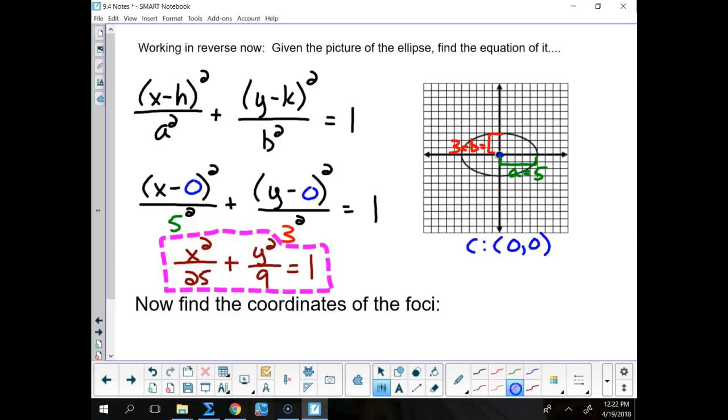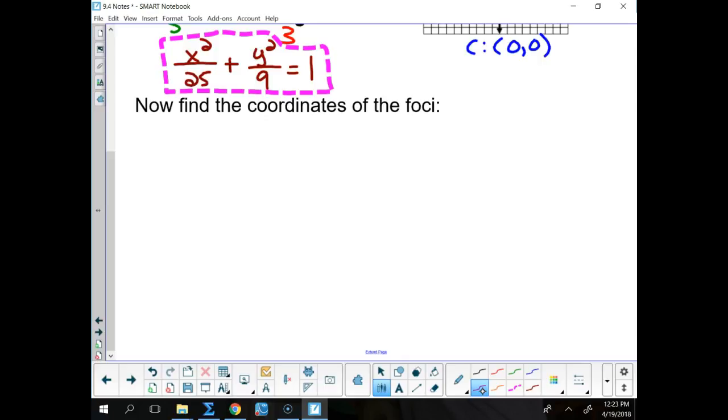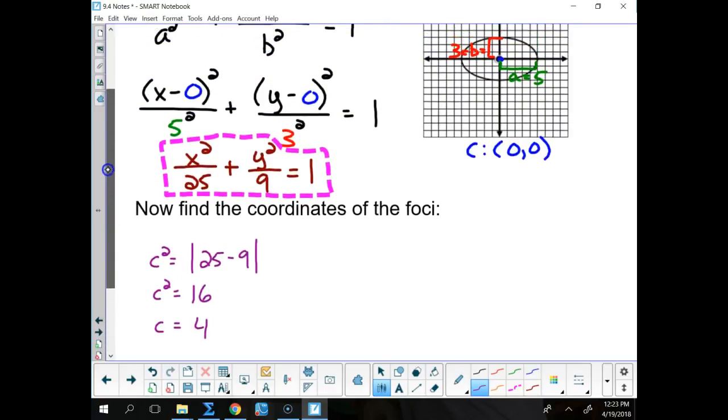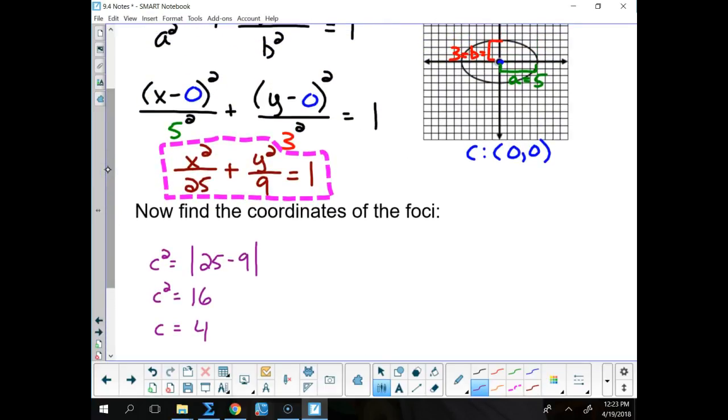Yeah? I challenge you now to find me the foci. Which axis, horizontal or vertical, is the major axis?